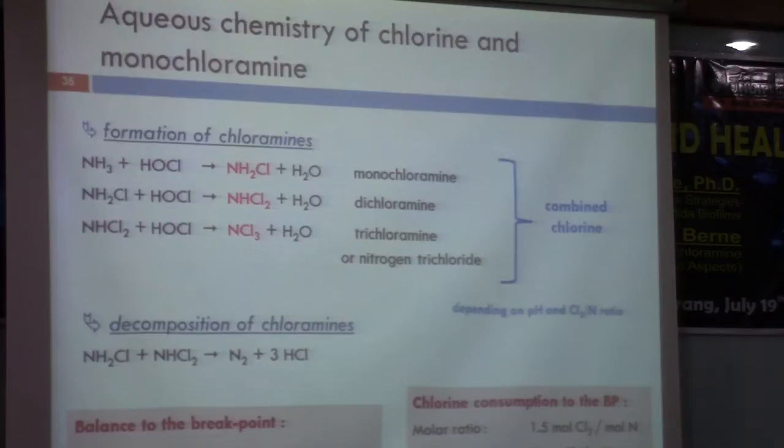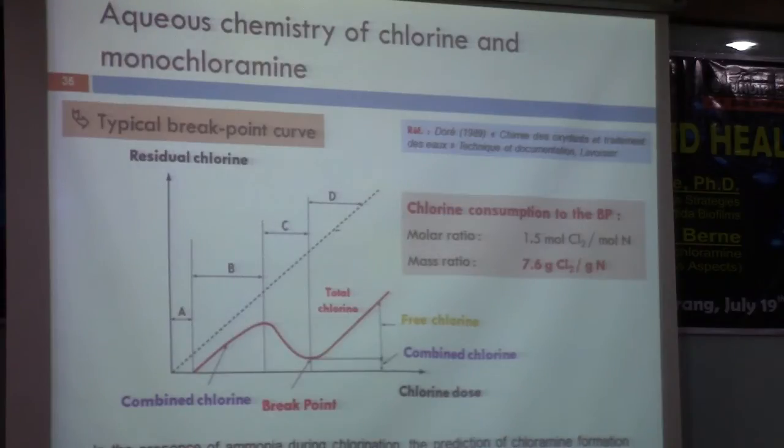So we have a typical curve called the breakpoint curve, which describes these different reactions. On the x-axis, you have the chlorine dose added to the water containing ammonia, and on the y-axis, you have the residual chlorine measured after a contact time.